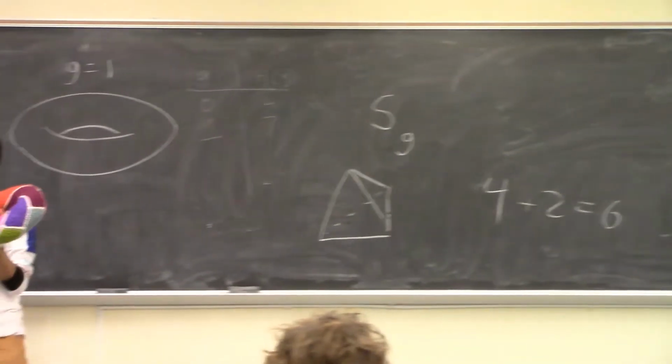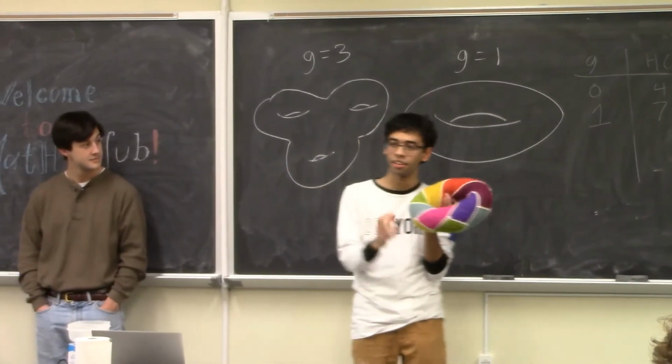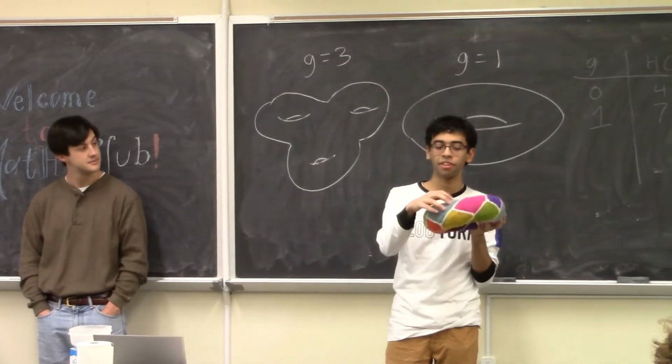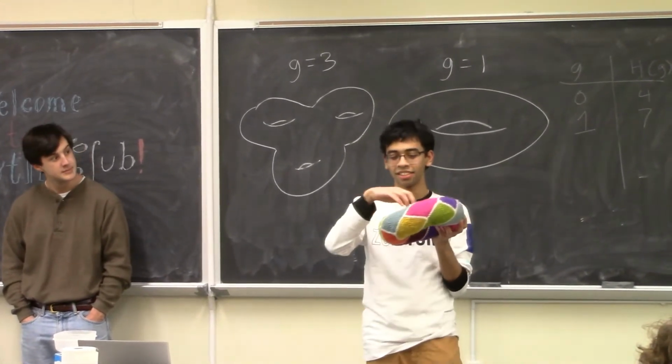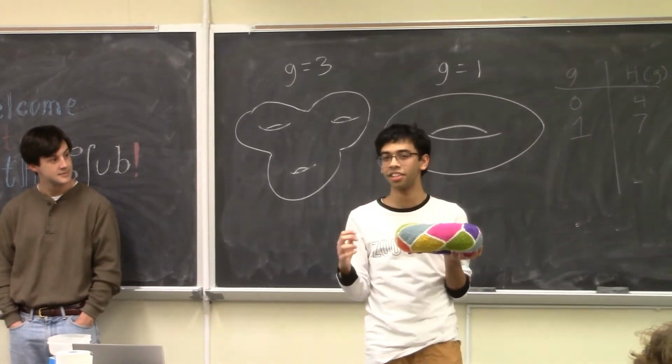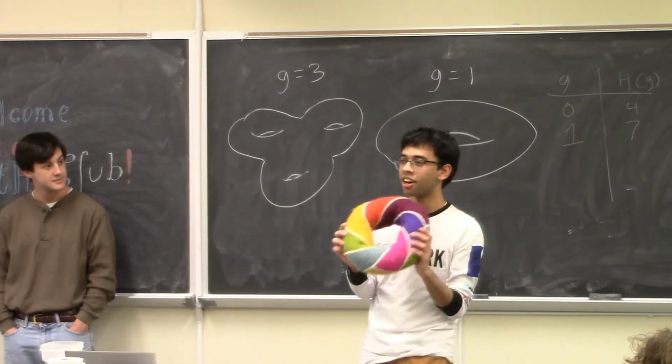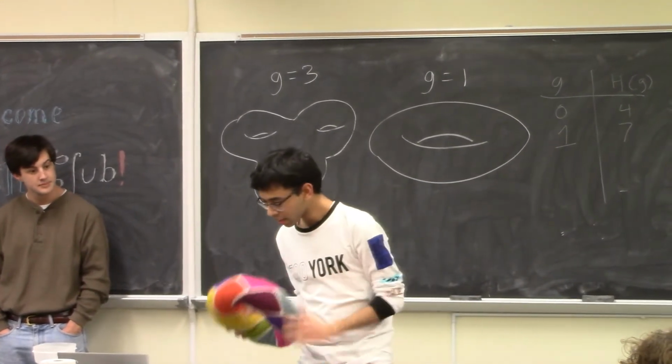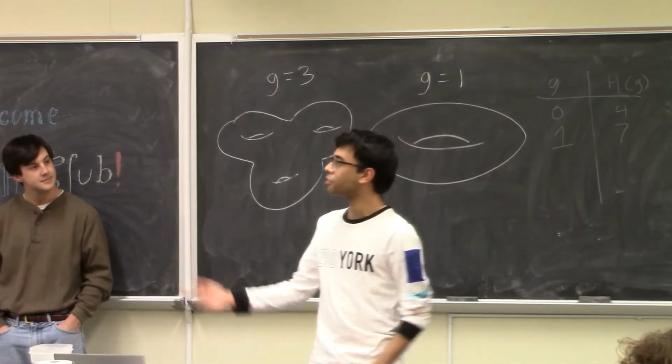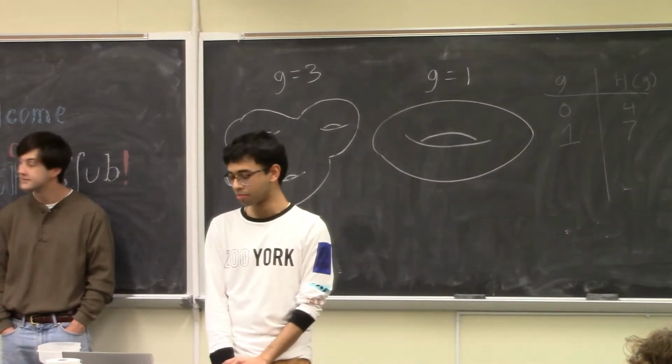So it touches all 6 other regions in this map. So this gray hexagon is adjacent to every other hexagon, and that proves that this is a complete map. And by the Heawood formula, you know that it's a maximally complete map.